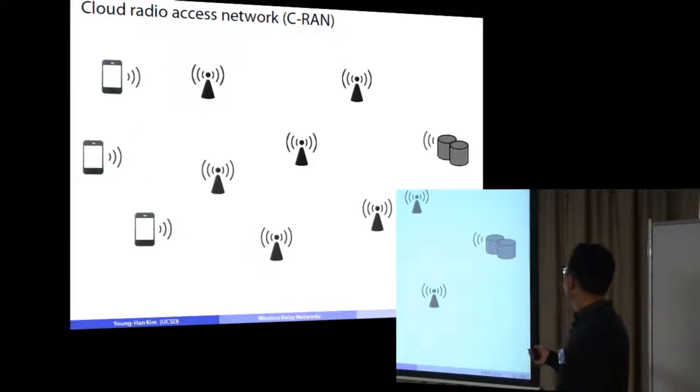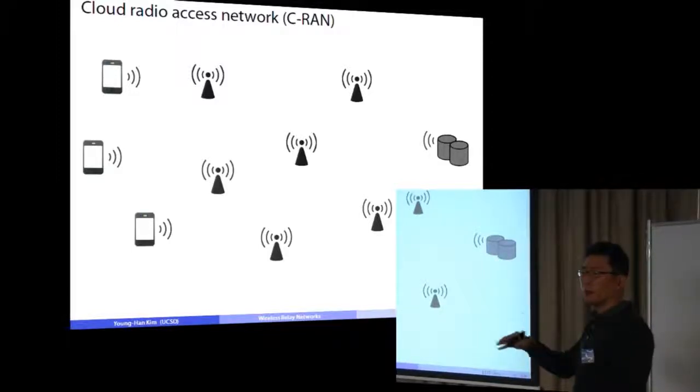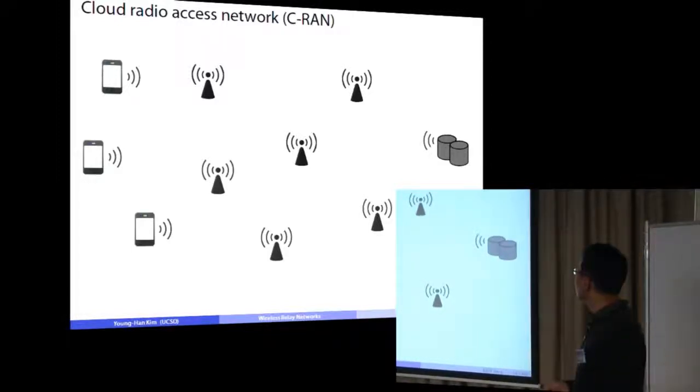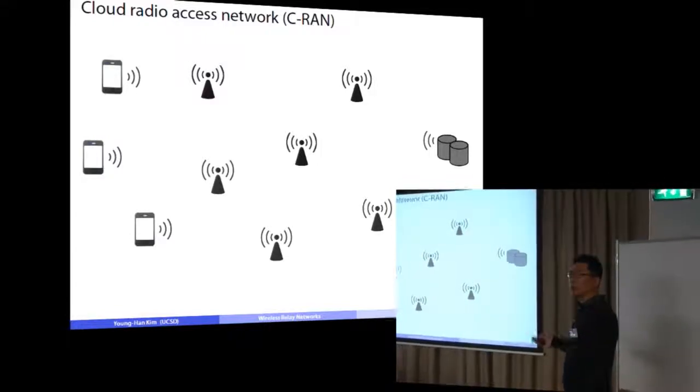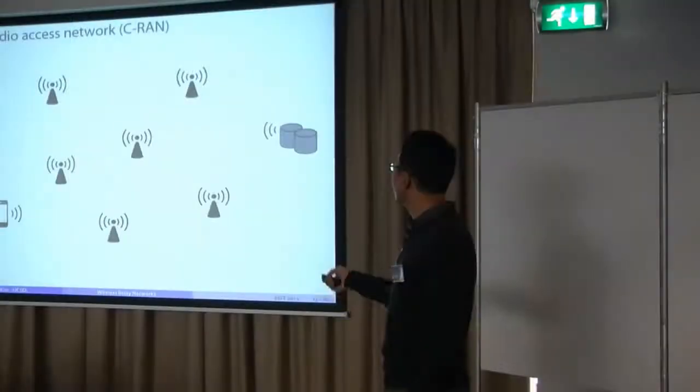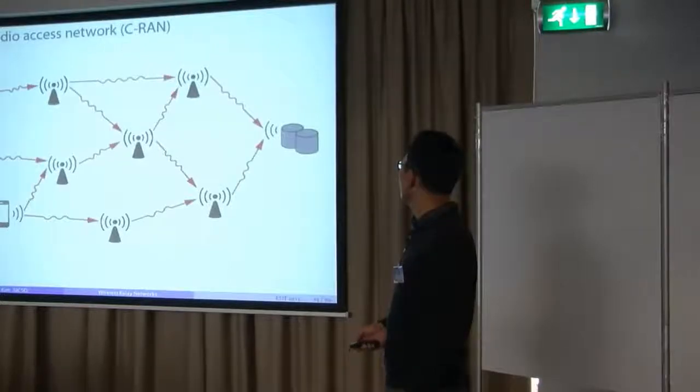The way of handling this interference is you want to have some central point which controls all the different base stations and tries to do some coordinated communication among all these base stations together.